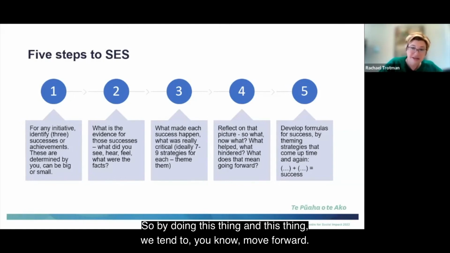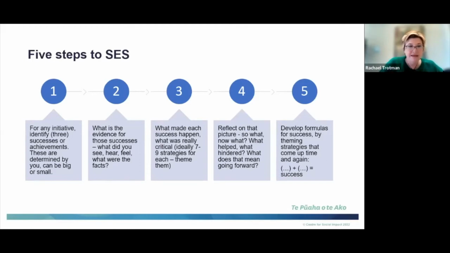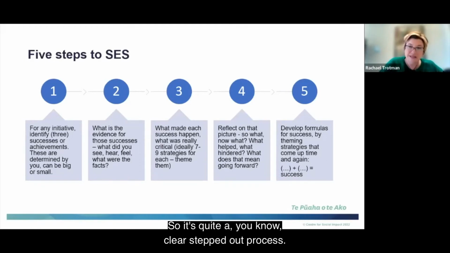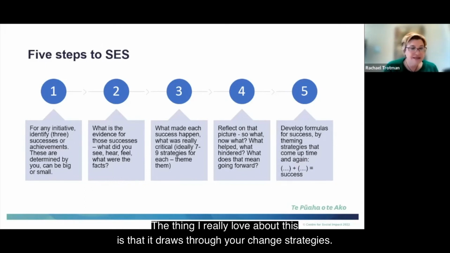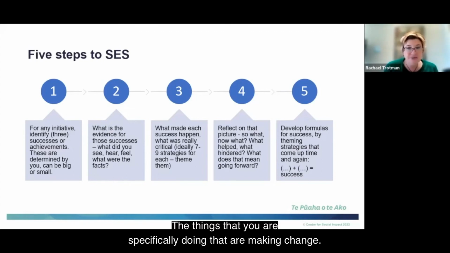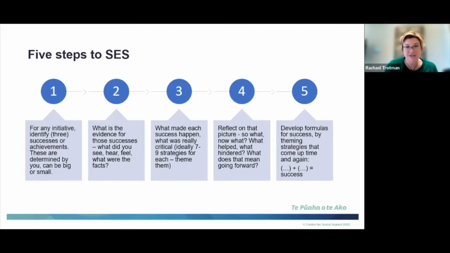So by doing this thing and this thing, we tend to, you know, move forward. So it's quite a, you know, clear, stepped out process. The thing I really love about this is that it draws through your change strategies, the things that you are specifically doing that are making change.